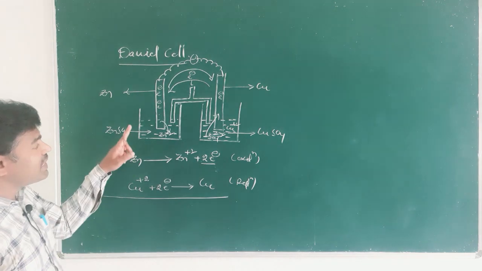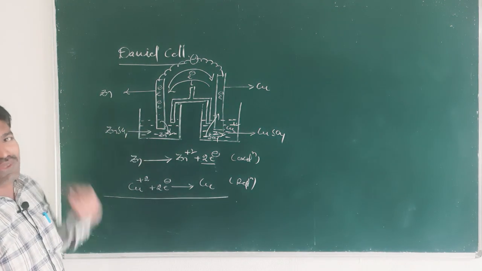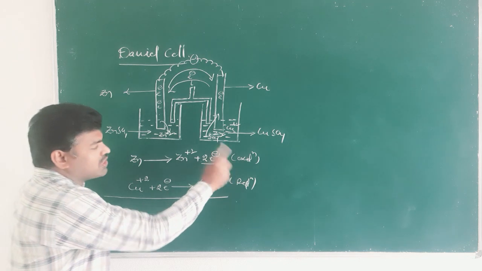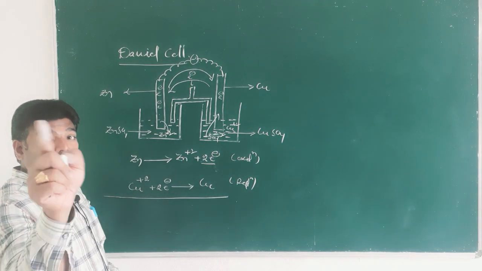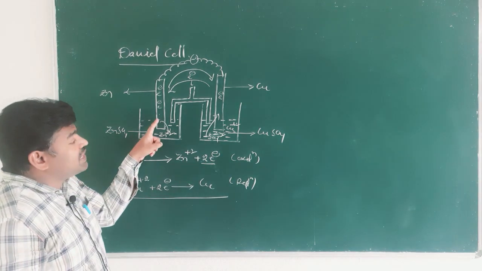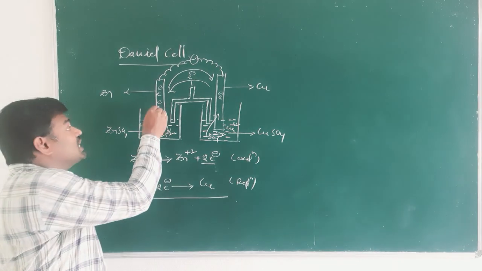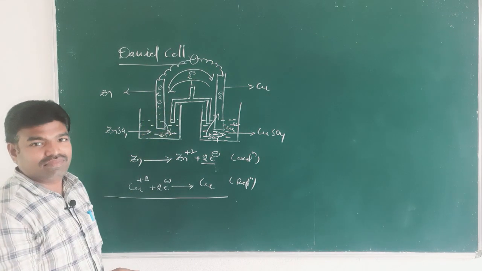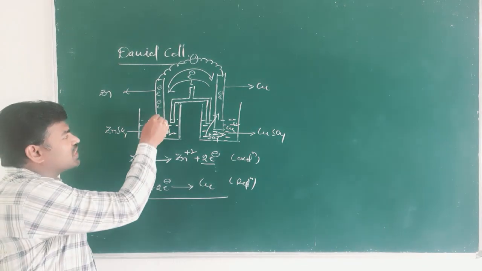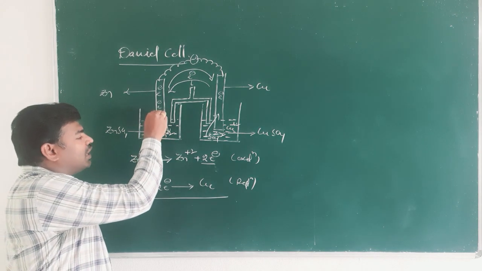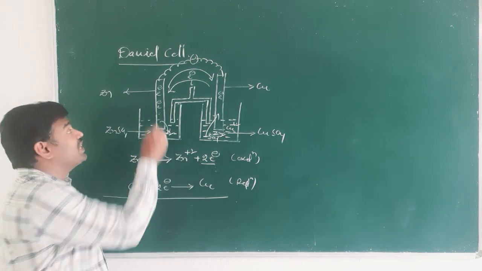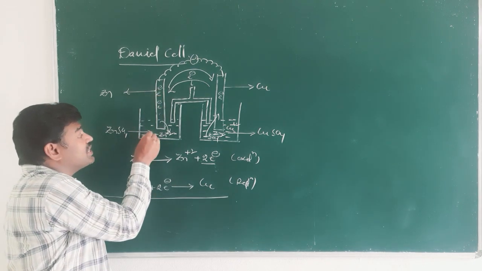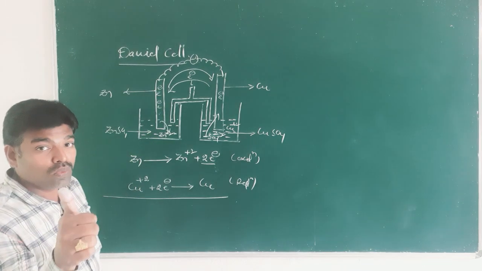So oxidation takes place at the zinc electrode. Due to this oxidation, a potential exists between the zinc rod and zinc sulfate solution. How?